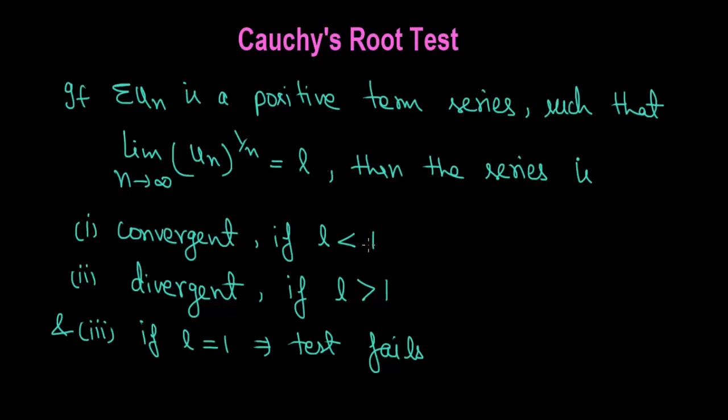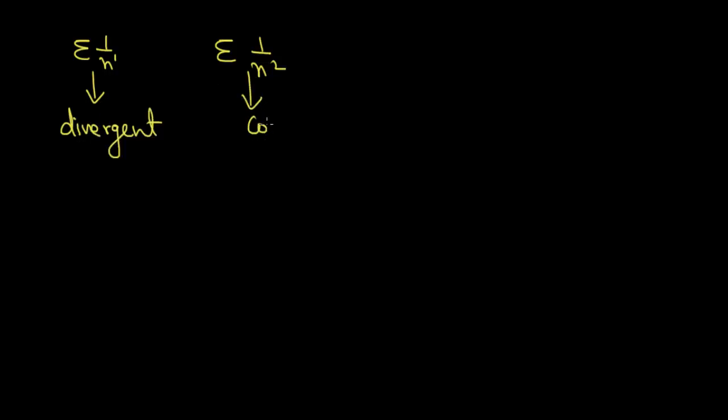Now, why does this test fail at L equal to 1? For example, we choose two series, sigma 1 by n and sigma 1 by n square. In the first series the power of n is 1, so this series is divergent and the other series is convergent.